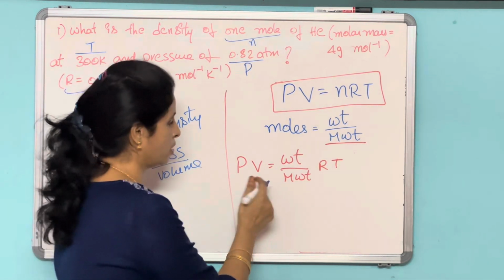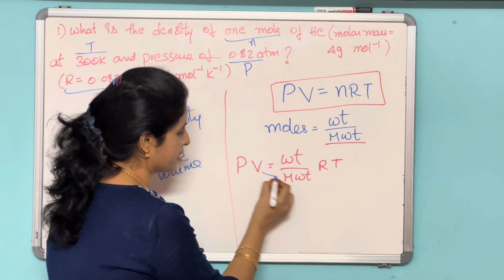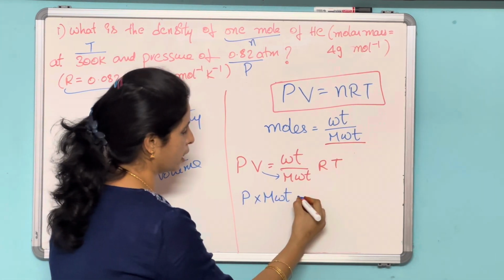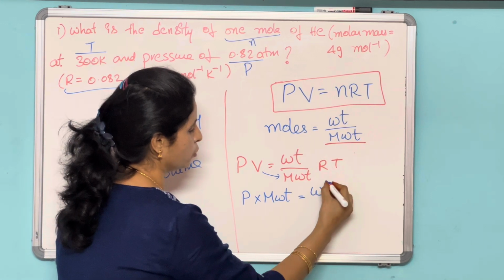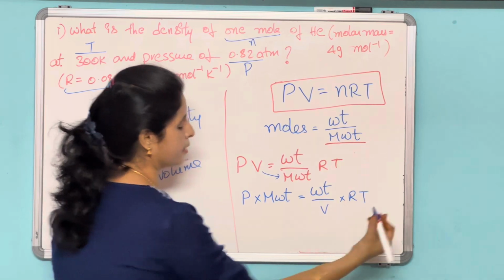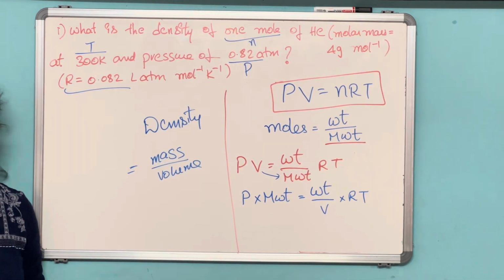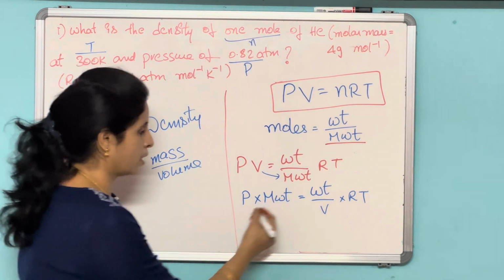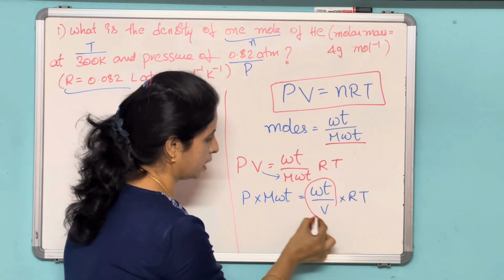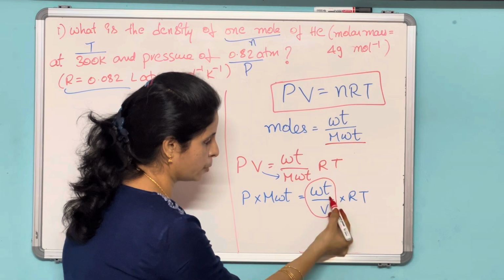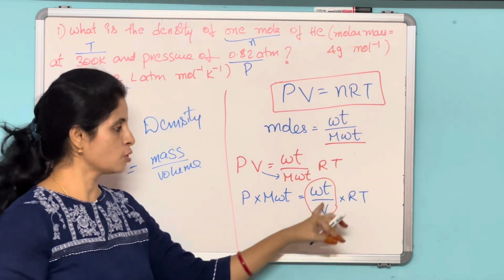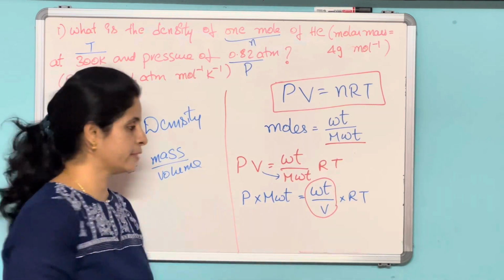Now interchange these two, volume and molecular weight. Now P into molecular weight is equal to weight by volume into RT. And what is this one? Nothing but mass by volume. Weight is nothing but mass, and V is nothing but volume. So weight by volume gives you density.